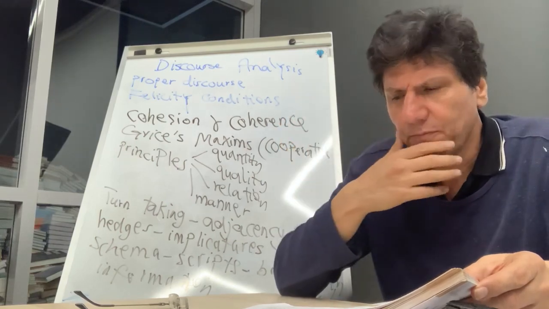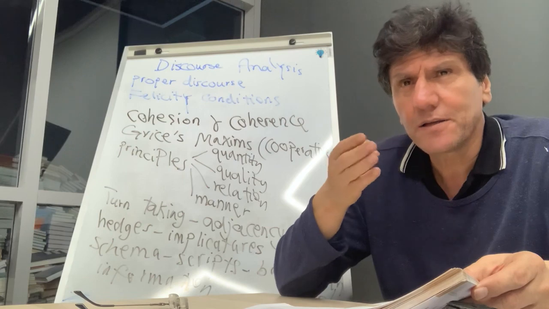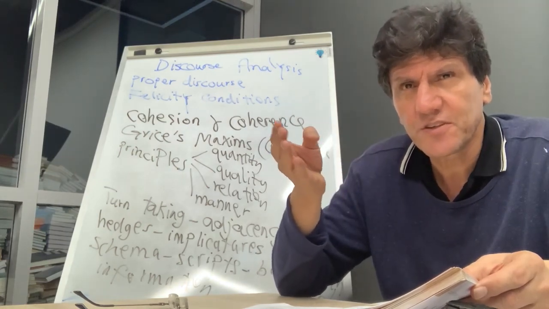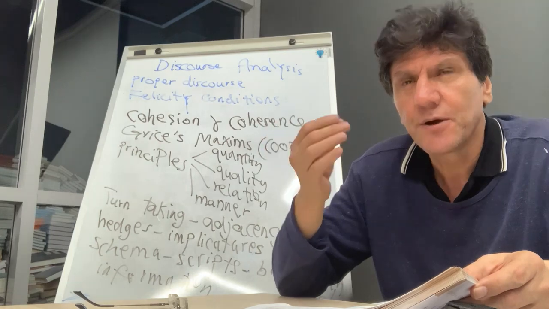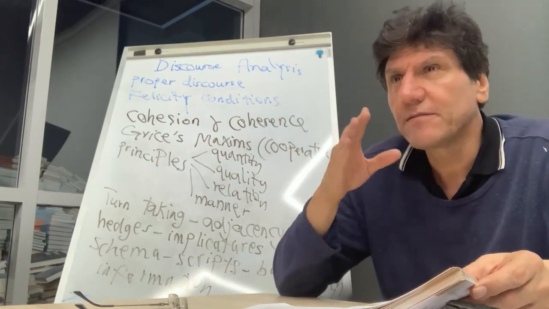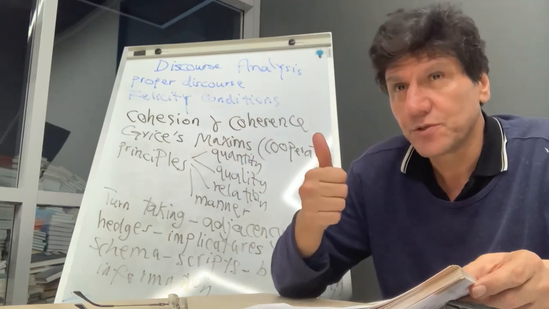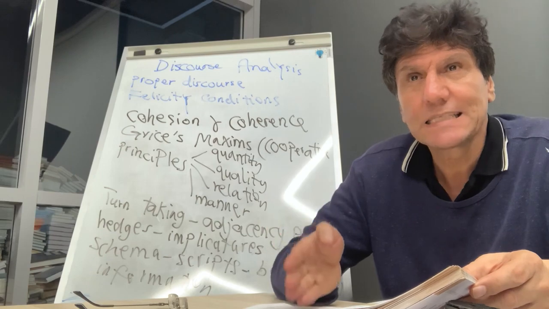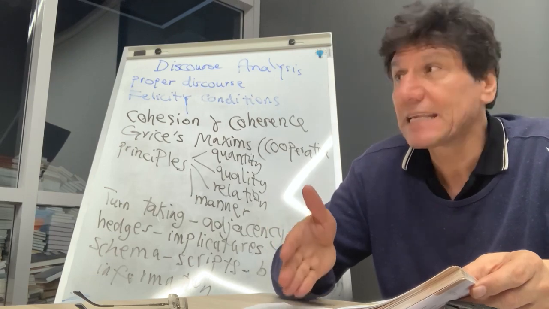For example, I give you another question. What are the characteristics of hedging? What are some examples and characteristics? One is the use of indirect statements. If you use an indirect statement, it's a hedge.